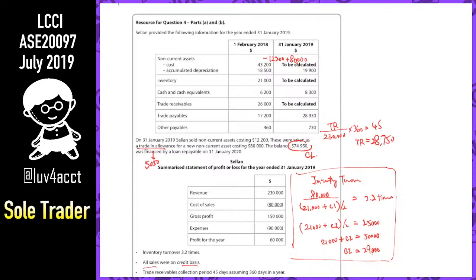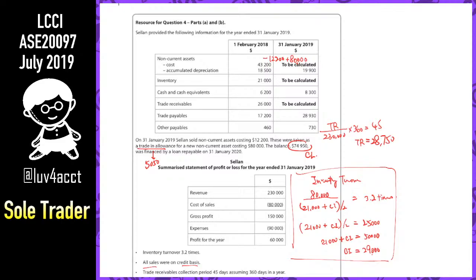Okay, so we have finished everything, except there's one figure that we still need, and that would be the drawings, because you are given the profit, you're not given the drawings.